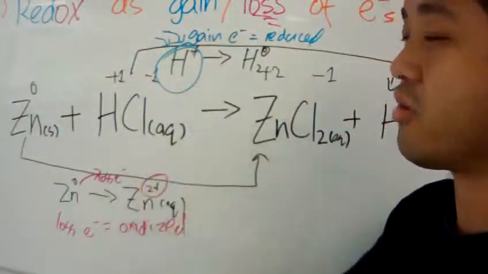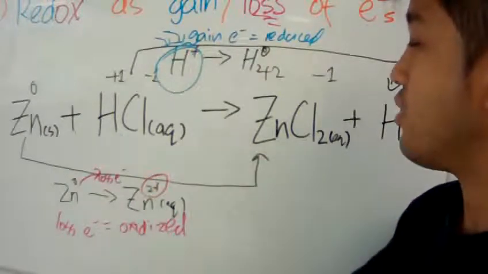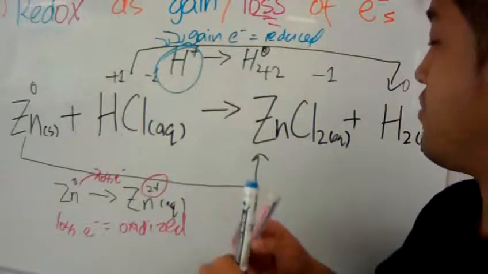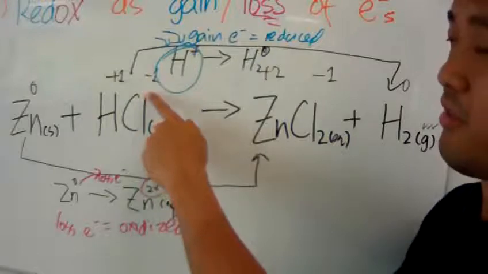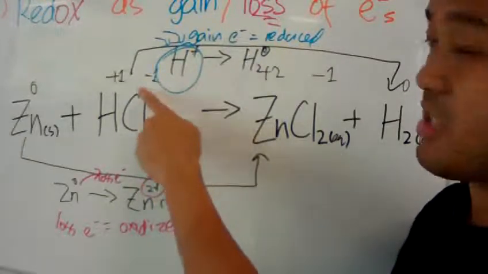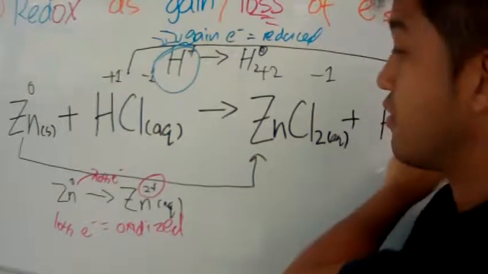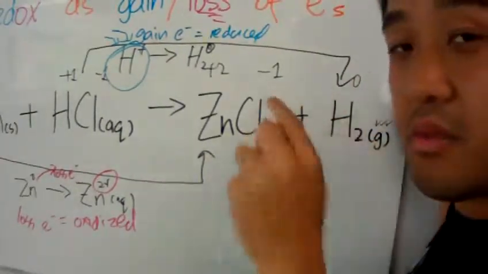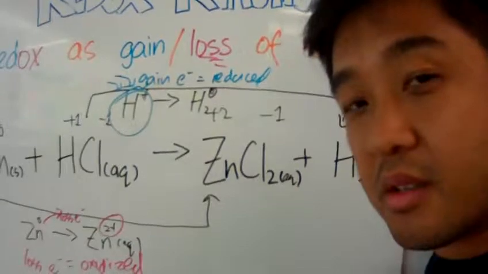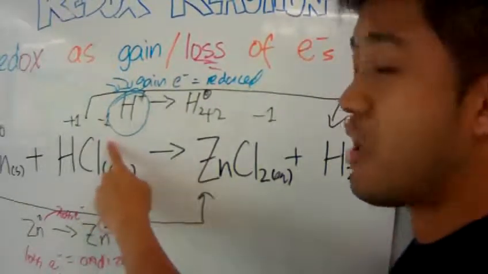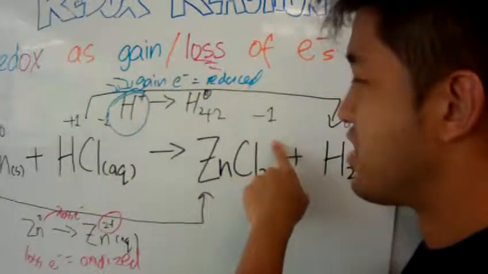Now what about chlorine here? Well, if you look at chloride, it has a charge of -1, and the chloride here also has a charge of -1. All right? Chloride here has a charge of -1, chloride here has a charge of -1.